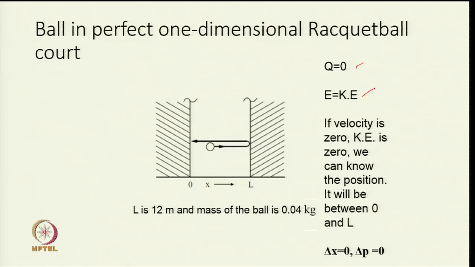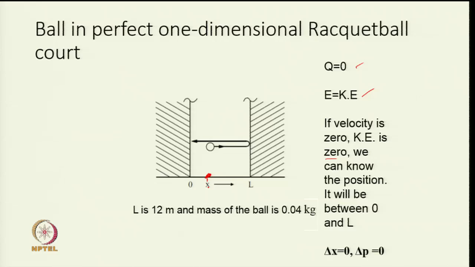So, energy will depend on velocity. Suppose the velocity is 0, it means the kinetic energy is 0, and then it will be somewhere on the line still, and so I know the position. It will be in between 0 and L, and if it is here, then it is at position x.